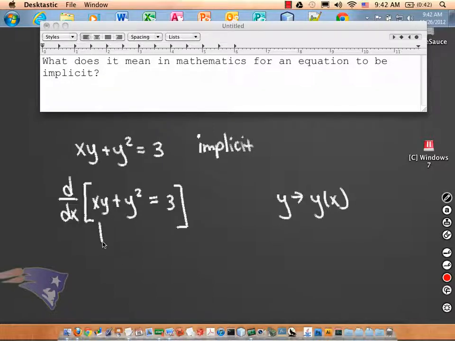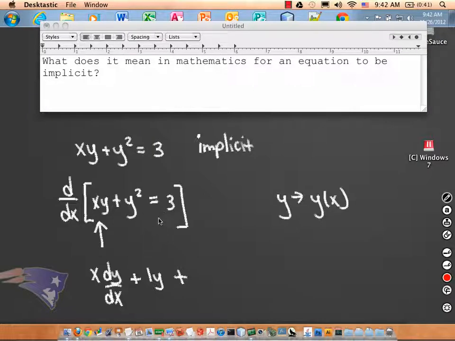Do you see that for this first part I have to use the product rule for xy? So first times the derivative of the second, so this becomes x dy/dx. That's the derivative of y whenever you do an implicit derivative. Plus 1y, since the derivative of x is 1. Plus, what's the derivative of y squared?